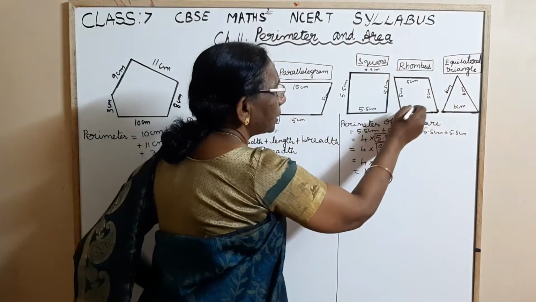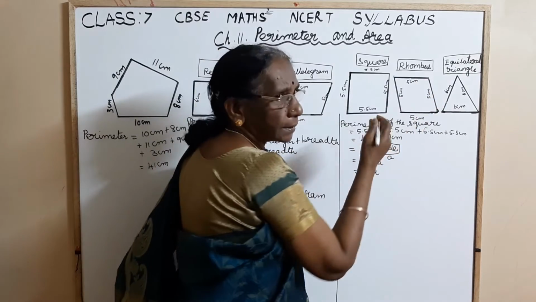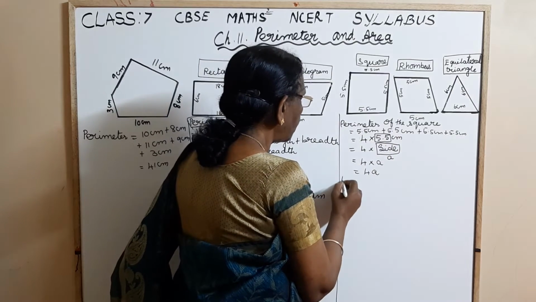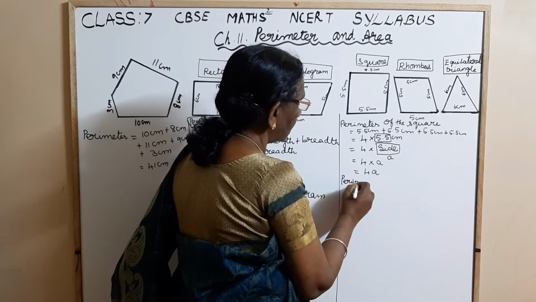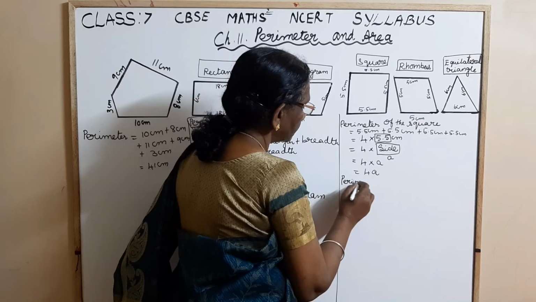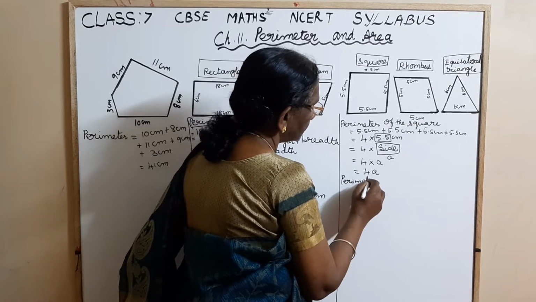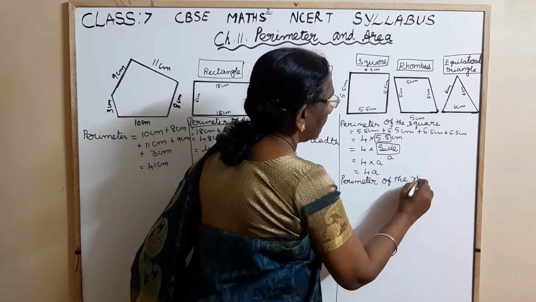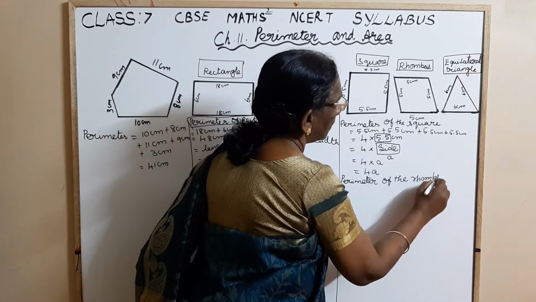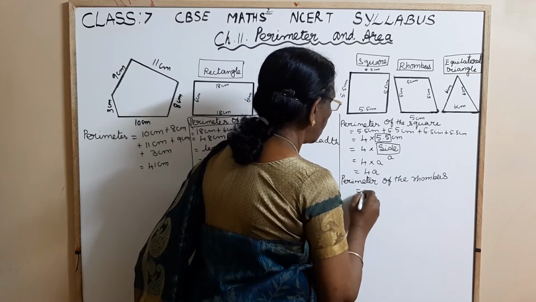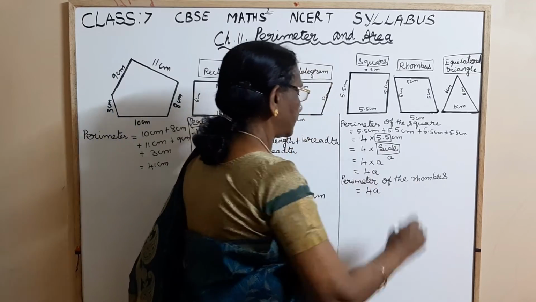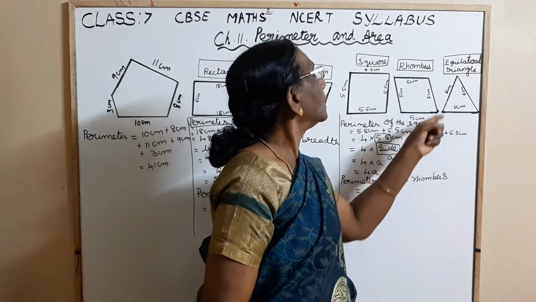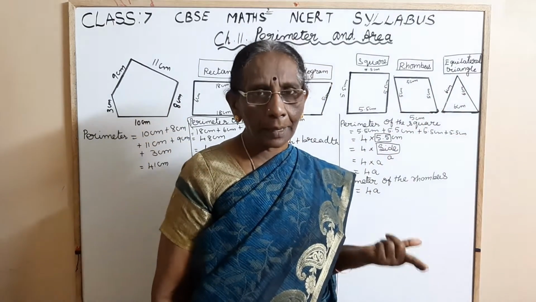In the same way, when you take the rhombus, all the sides will be equal in the rhombus also. So the perimeter of the rhombus is also 4A. Okay, children. Now if you take the equilateral triangle, there also all the sides are equal.